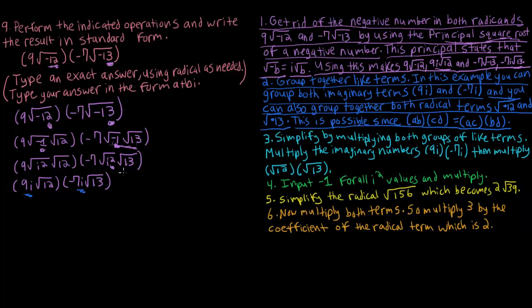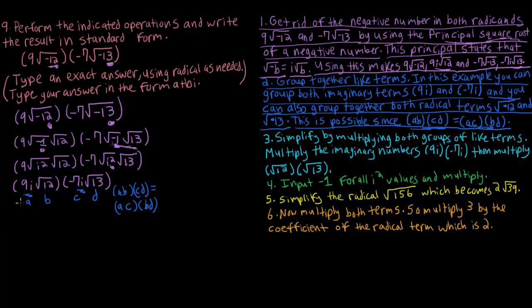So using this principle of AB times CD equals AC times BD, we can make each of these A, B, C, D. And it says AB times CD equals AC times BD.